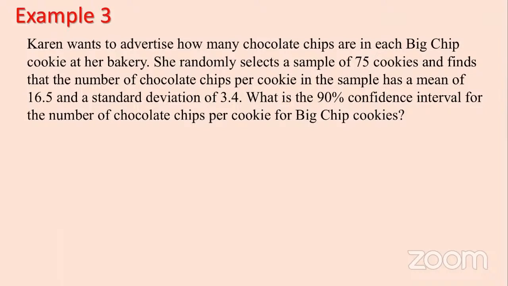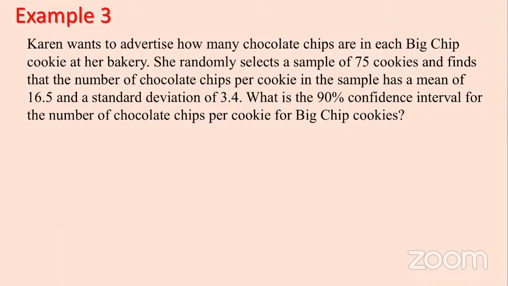She randomly selects a sample of 75 cookies and finds that the number of chocolate chips per cookie in the sample has a mean of 16.5 and a standard deviation of 3.5. Remember, this standard deviation is about the sample.